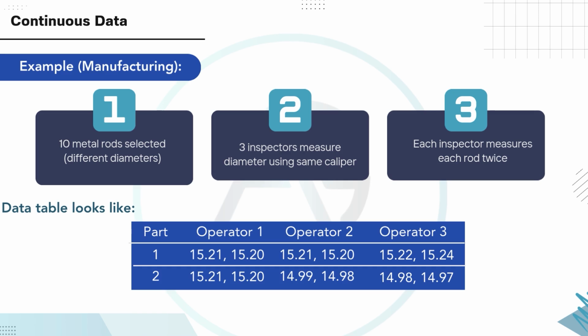This data matrix is then analyzed statistically to determine how much of the variation is due to the measurement system versus the actual parts. This example helps us visualize how the gauge R and R study is structured and why it's crucial in evaluating the reliability of our measurement process.